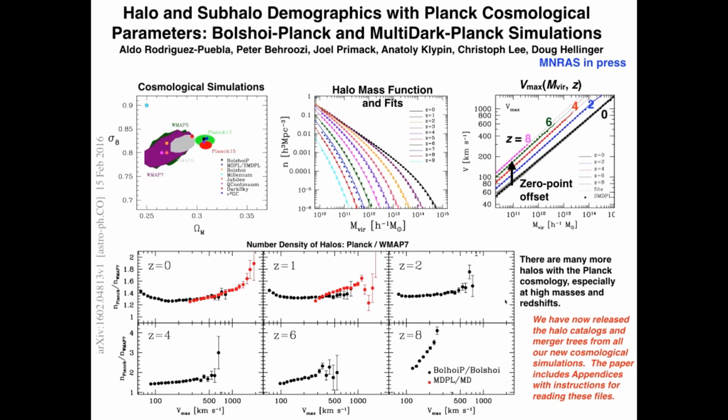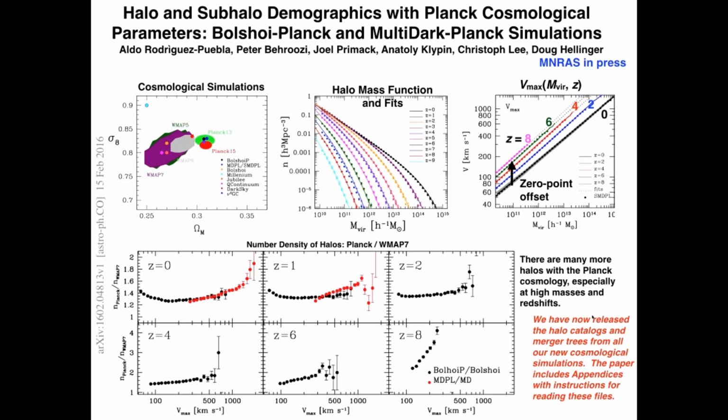So the Planck parameters result in a lot more halos, even at redshift 0. And if you look at the higher redshifts, you'll see that the increase is really quite profound. For example, at redshift 8, there's almost 4 times as many 200 kilometer per second dark matter halos using the Planck parameters as using the WMAP 7 parameters.